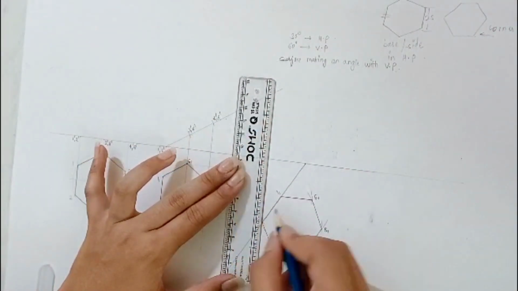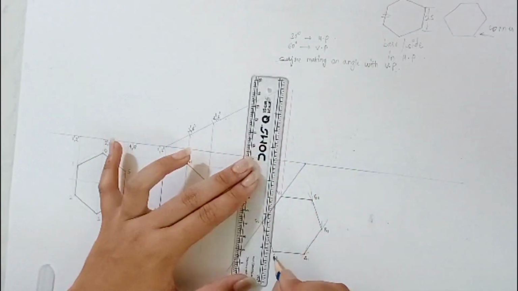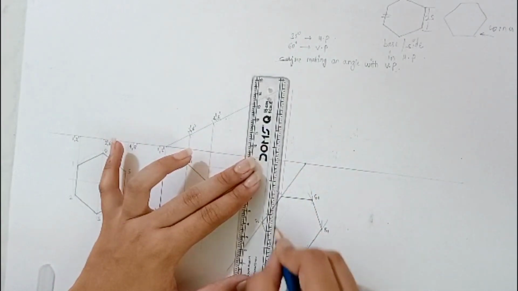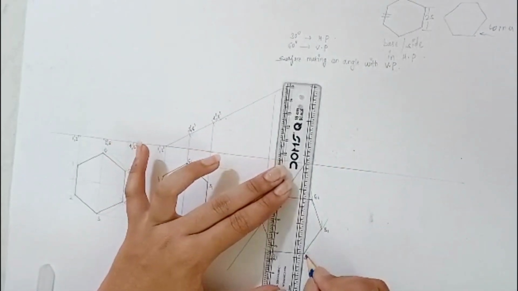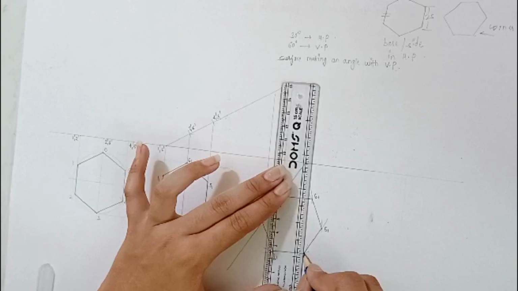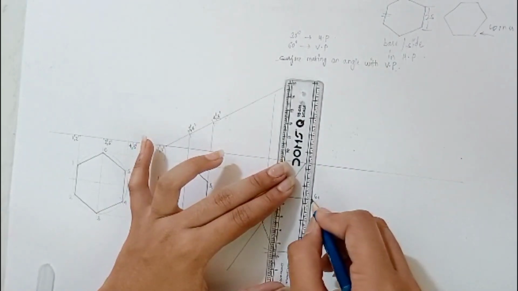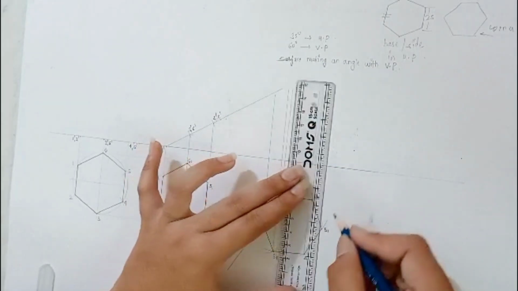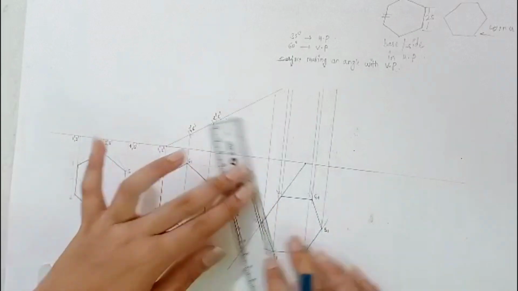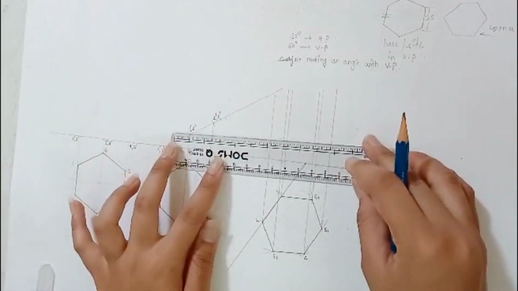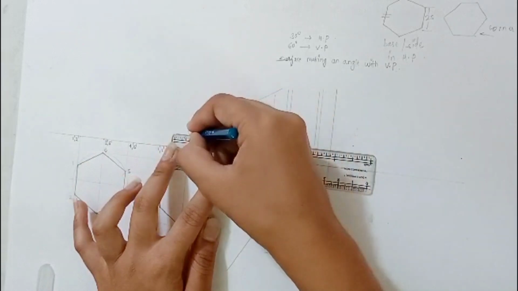Now drawing a projection line passing through these points from this inclined hexagon in the upward direction, that is above xy plane. And then similarly making a projection line out of these points once again.